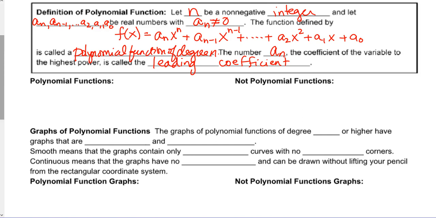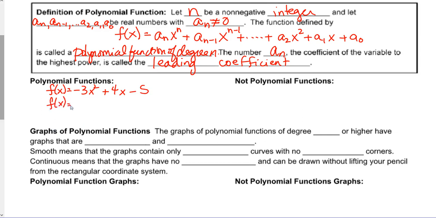So, what does it mean to be a polynomial function, or what does one look like? I'm going to give you some examples here, and then we're going to look at what it means graphically. So if I just have negative 3x squared plus 4x minus 5, that would be a polynomial function.